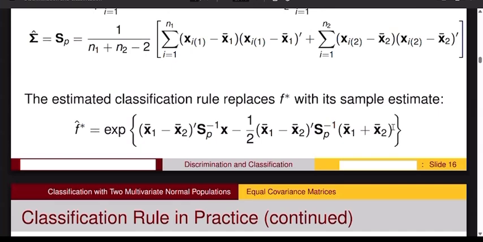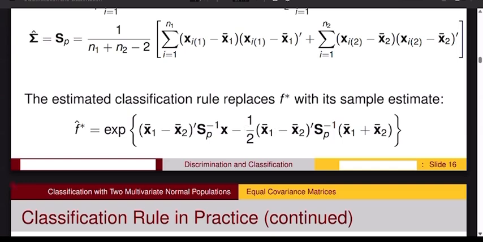You've already computed what your X1 bar and X2 bar are. You know what your S pooled is, a pooled covariance structure. Now you can obtain this particular statistic.